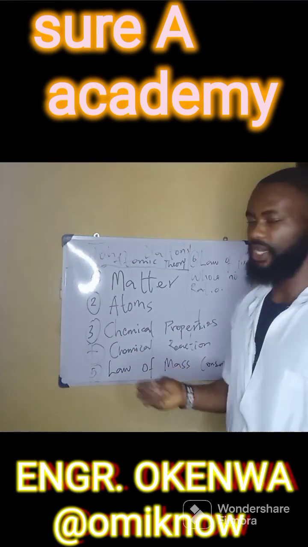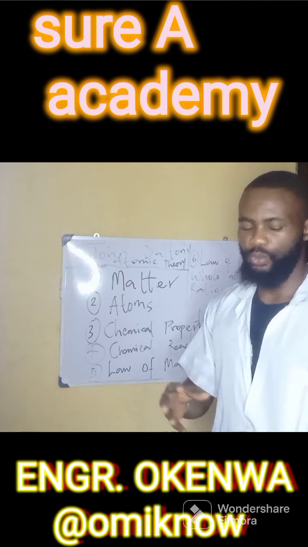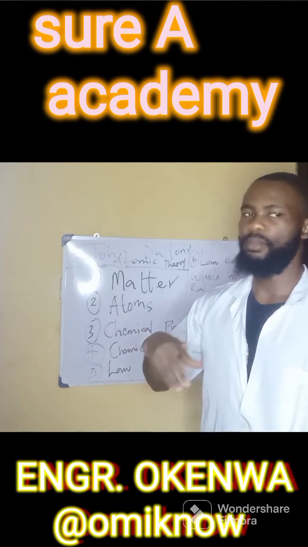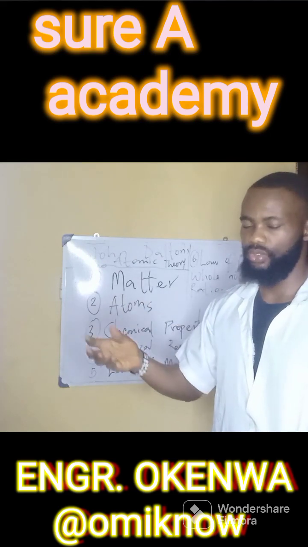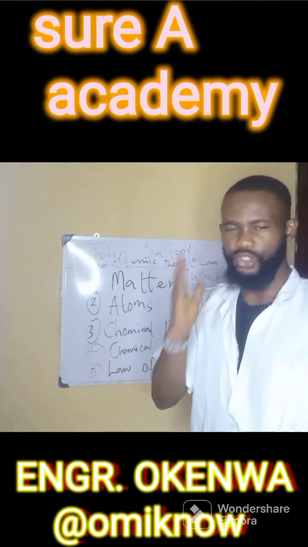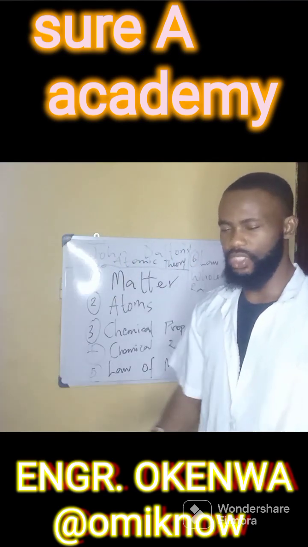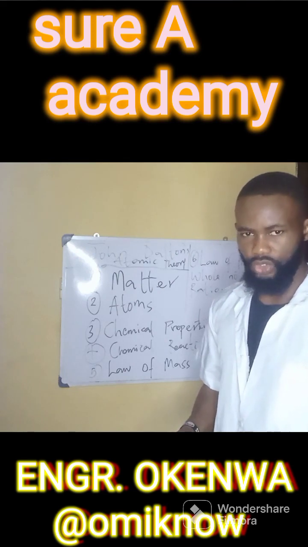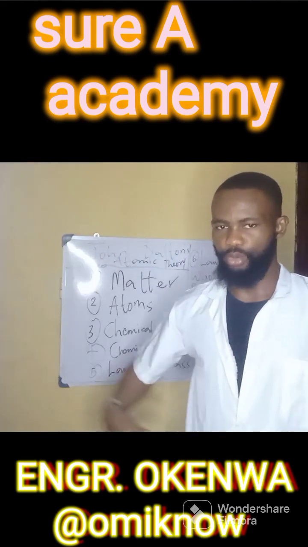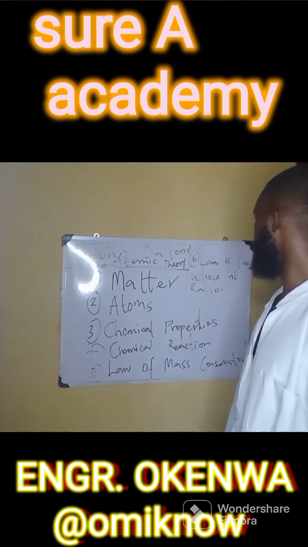For example, when you burn firewood and that firewood turns to ash, changing to carbon dioxide, carbon monoxide, when you carefully pull back your products, you will see that the mass that you burnt is the same as the product, what you have after you have burnt it. So that's what this law of mass conservation is talking about.